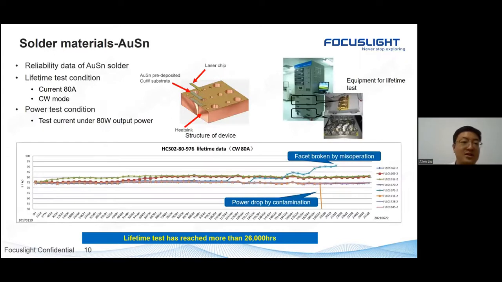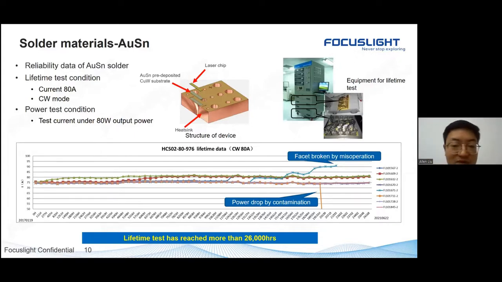So this is data samples for the gold-tin's reliability. We use our self-made gold-tin pre-deposited copper tungsten substrate to bond the laser chip, to connect the laser chip and the heat sink. The copper tungsten is a buffer layer, and we deposit gold-tin on the copper tungsten substrate. Then we bond the laser chip.